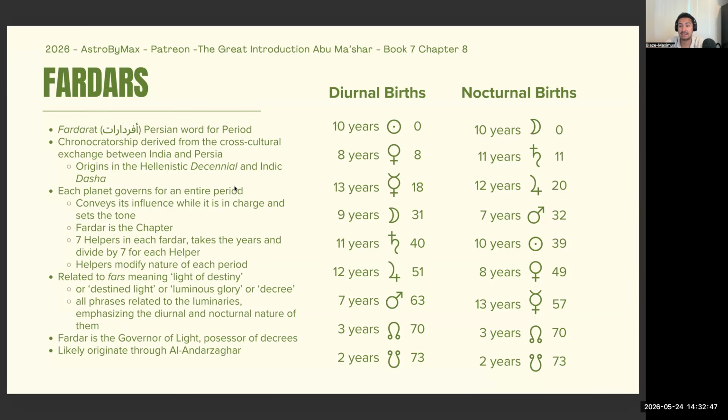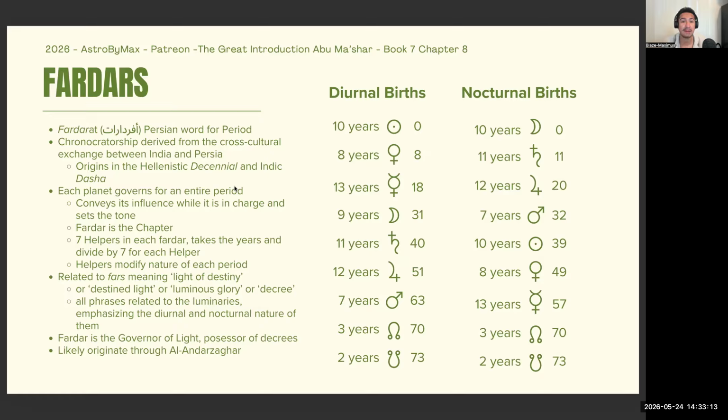So if we have the sun who takes 10 years, we would take 10 years and divide it by 7 planets to get all of the 7 helpers. And so each of those sub-periods would modify the nature of each period and create peaks and valleys for the person in that overall decade of their life. And this is important to know because these are used extensively, and the Fardars are all determined based on whether you're born day or nighttime.